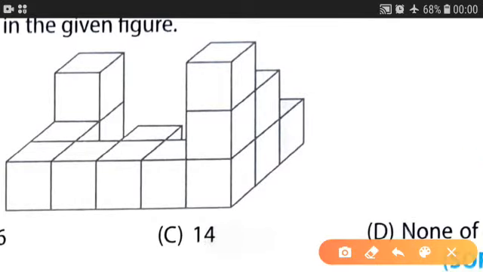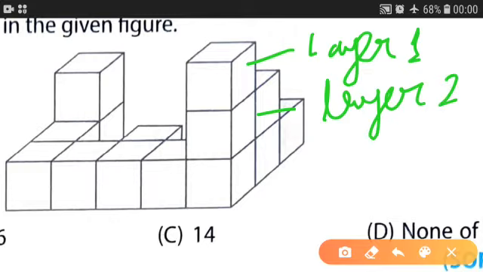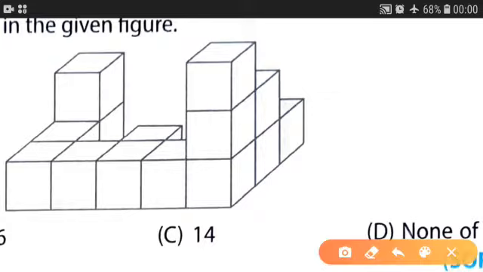As you can see here, there are three layers. This is layer 1, this is layer 2, and this is layer 3.